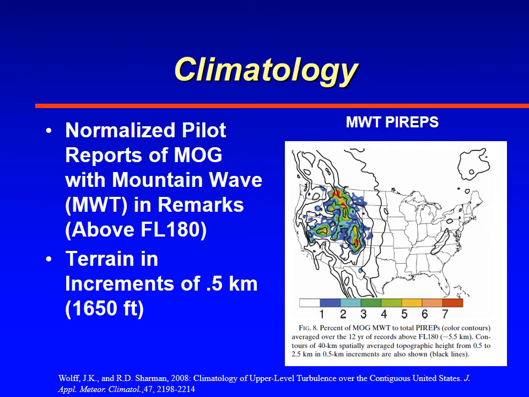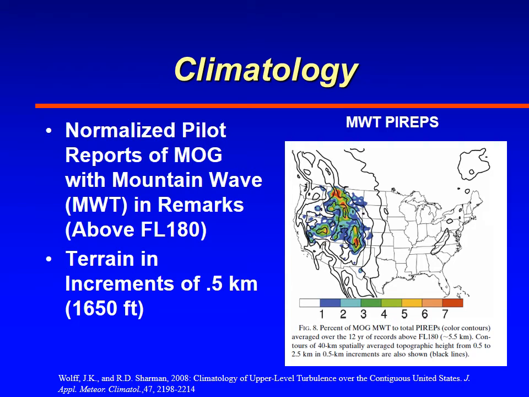We saw areas of higher turbulence over Texas and Florida, but those are probably caused by other reasons. This is strictly mountain wave, looking at the remarks section. And the black lines that you see here are the terrain elevation in increments of half of a kilometer, or 1,650 feet.